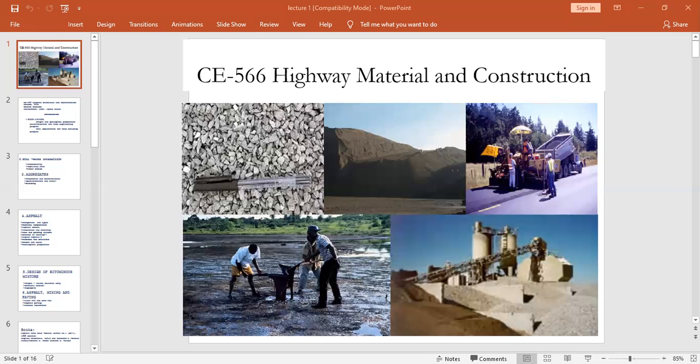So let's talk about why we need to study highway materials. What knowledge area you will gain, what you will study, and why we need to study these materials. If you look at this scenario, there is always a material and construction optimization.